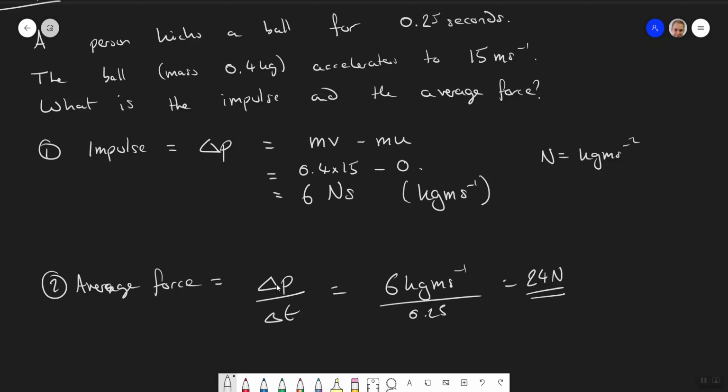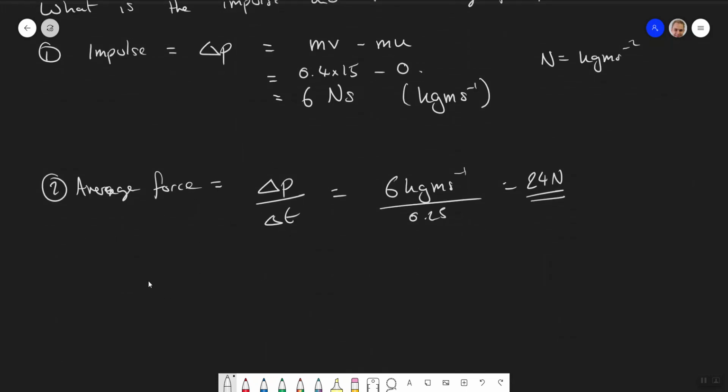If you're traveling at 30 meters per second and you're a 60 kilogram person, you have to get rid of 1800 kilogram meters per second of momentum. That's got to be your impulse to stop. That is the thing you've got to lose. That isn't a fixed thing.